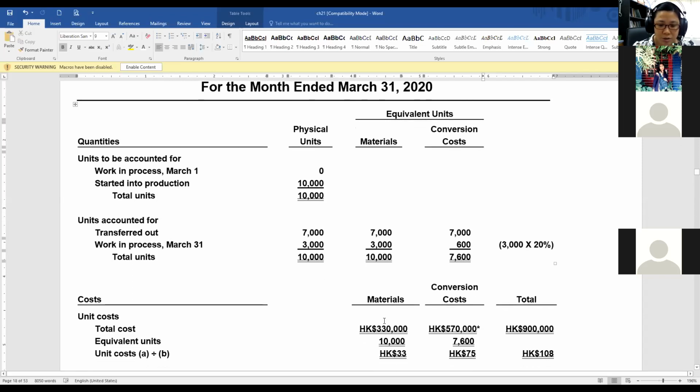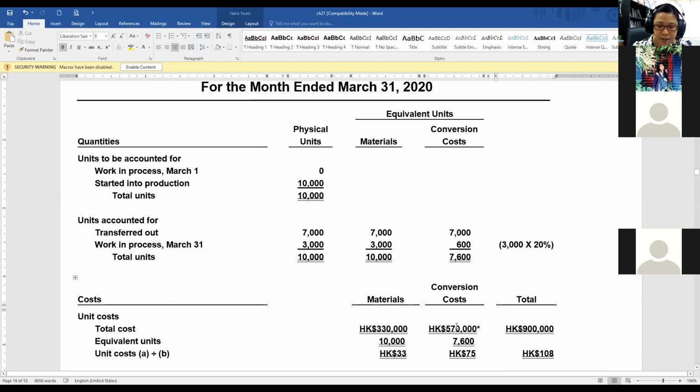We take the total cost, 330,000. Where did I get total cost 330,000? It is given in the question. Material is 330,000 divided by 10,000 equivalent unit. Where did I get the 10,000? It's up here, equivalent unit 10,000. So I divide by 10,000 over here. That will give me 33.